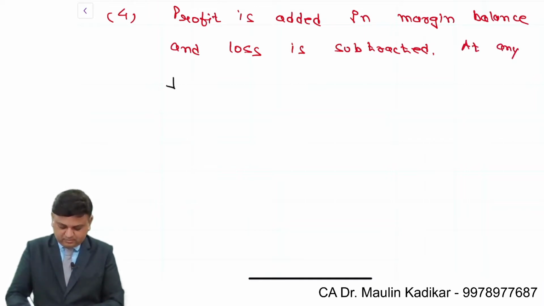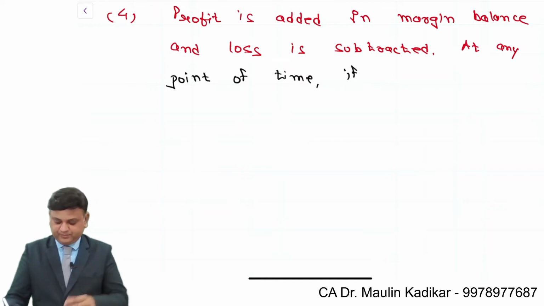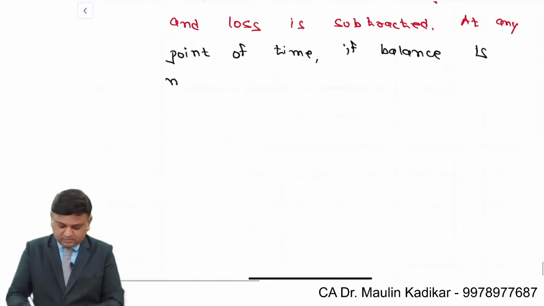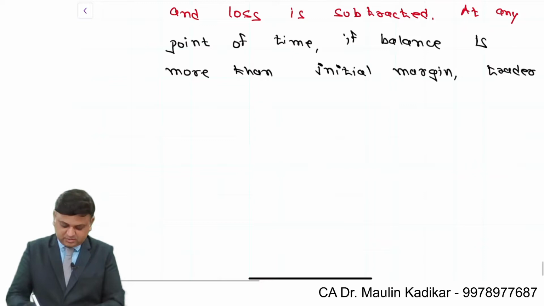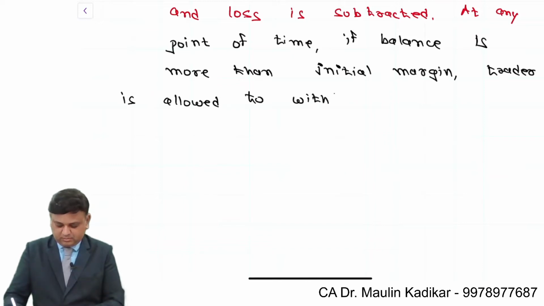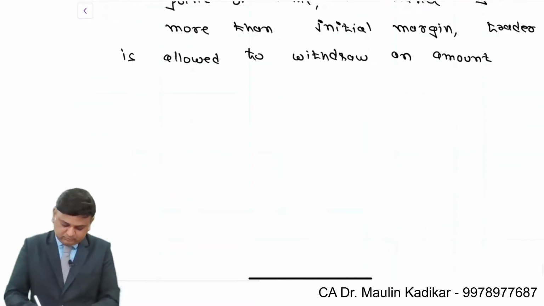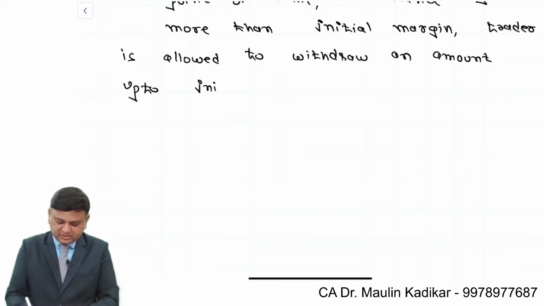At any point of time, comma, if balance is more than initial margin, comma, trader is allowed to withdraw an amount up to initial margin.